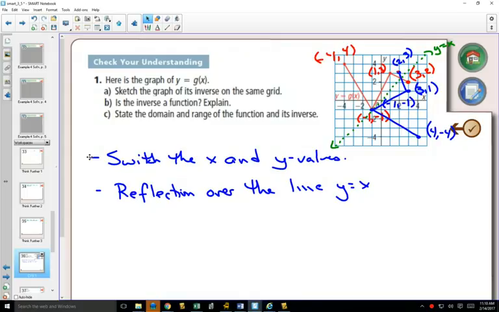If you turn this sideways so that your green line was a horizontal line, it would be much easier to visualize flipping it over the horizontal line. Flipping over a diagonal line seems difficult to do, but as soon as you turn it horizontal, it makes sense that, oh yeah, I can totally see that point going straight across to that one. And they'll never catch you on the final exam if you turn your page a little bit sideways.